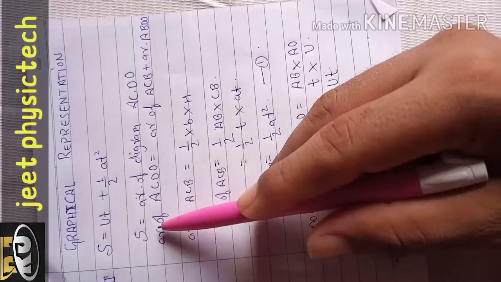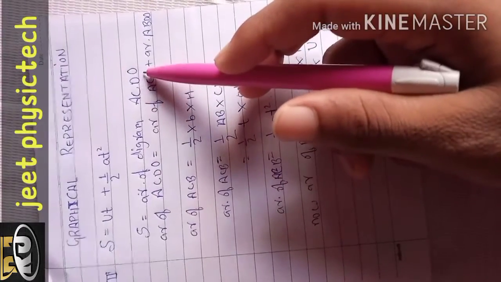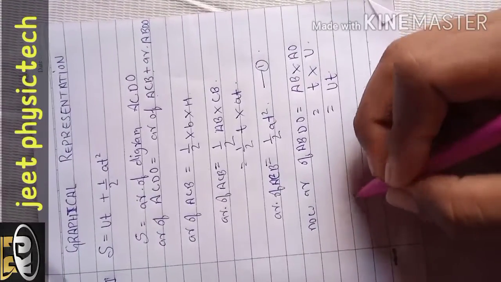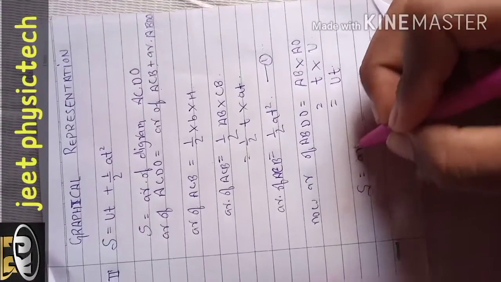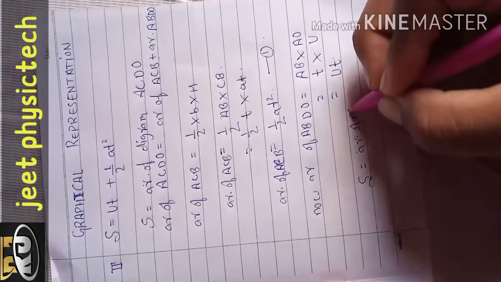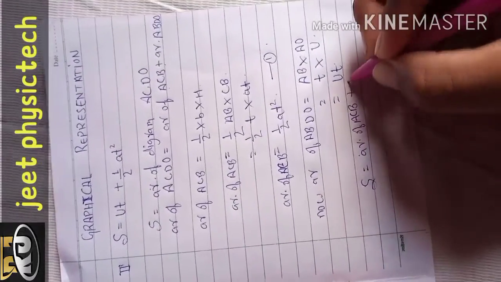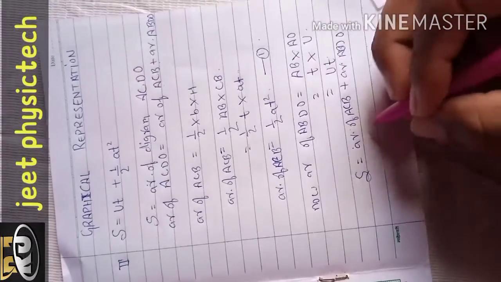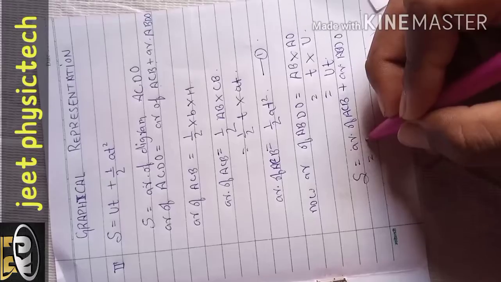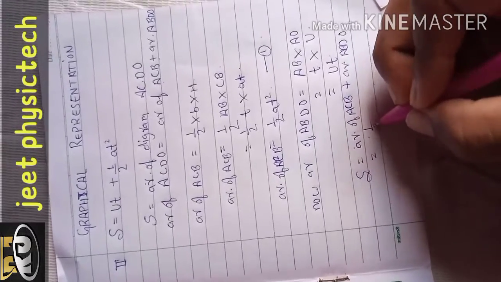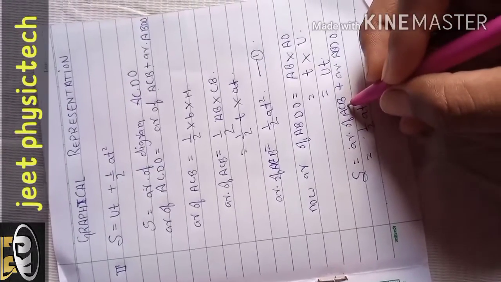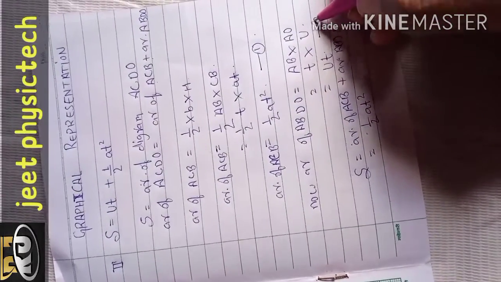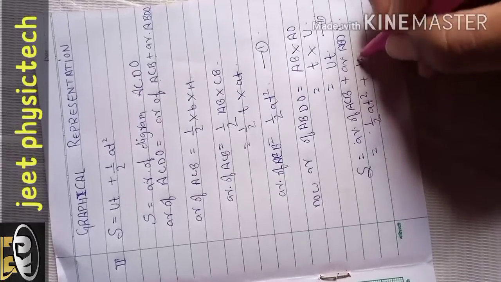s is equal to the area of diagram ACDO. ACDO is equal to this, so the value of s is equal to the area of ACB plus the area of ABDO, which is half at square from the first equation, and from the second equation this value is ut.